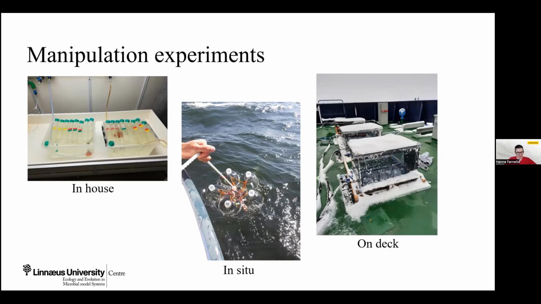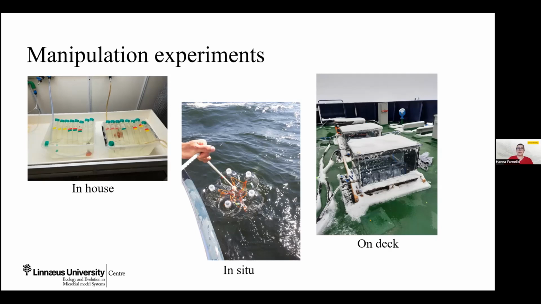We also have these in situ incubation arrays where we can perform experiments at sea. Here you really have the daylight cycle, and you have the actual temperatures. There's also a bit of turbulence in the water as the currents are moving these bottles, so there's a natural mixing in these conditions.